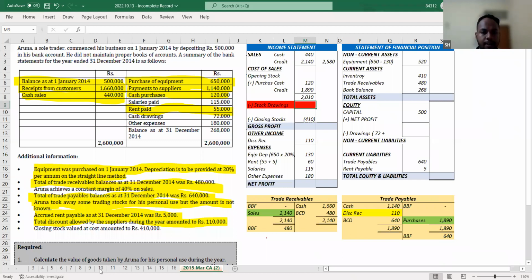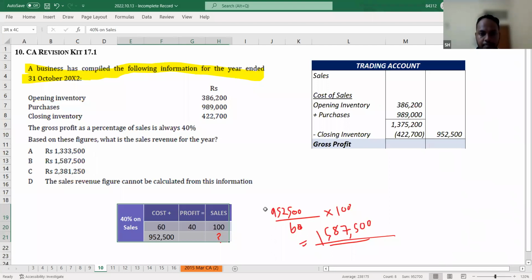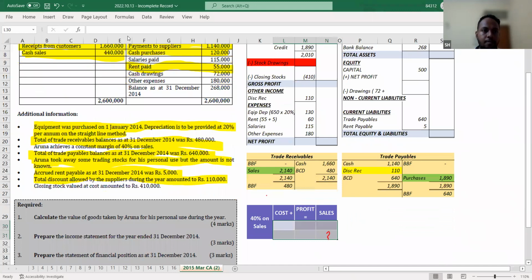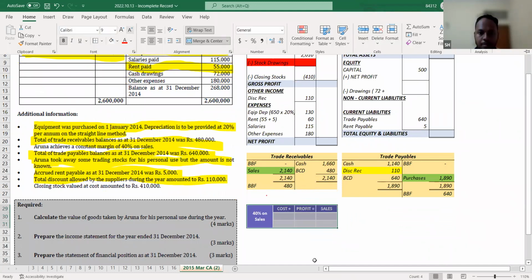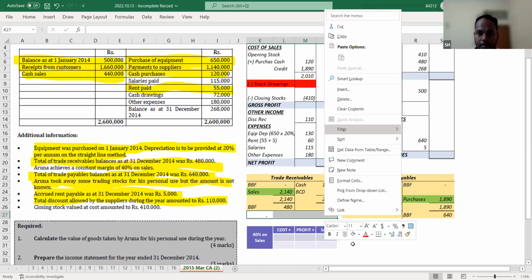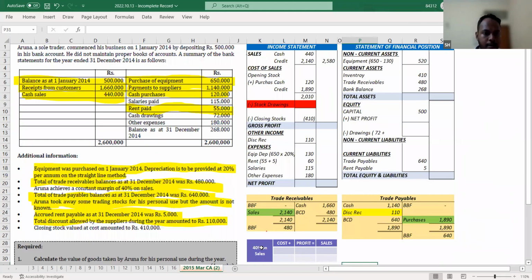So let's take that calculation. 40% on sales.